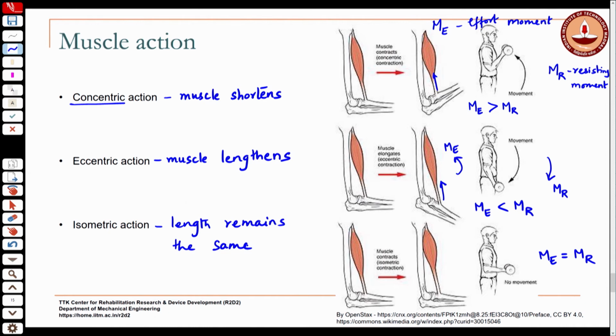In the case of this action itself, I might have the triceps muscle, which is at the back, also influencing this action.